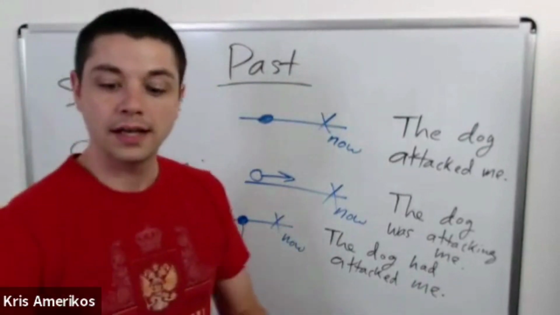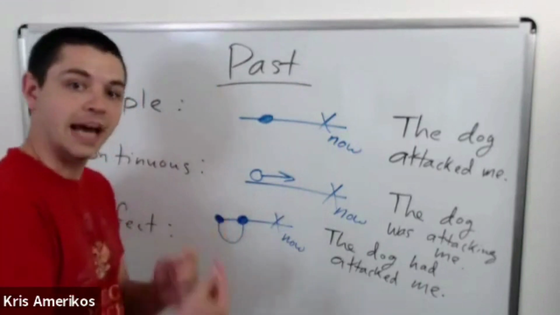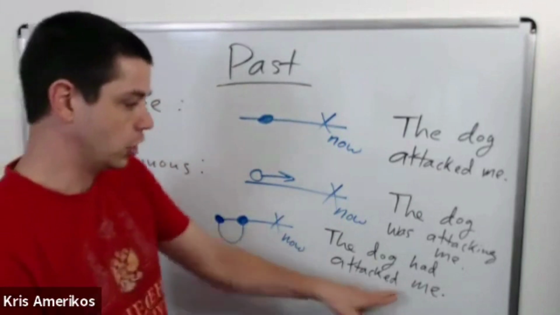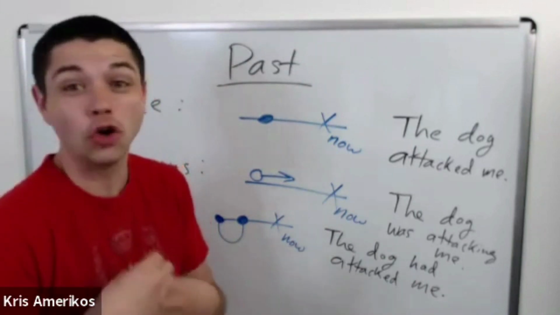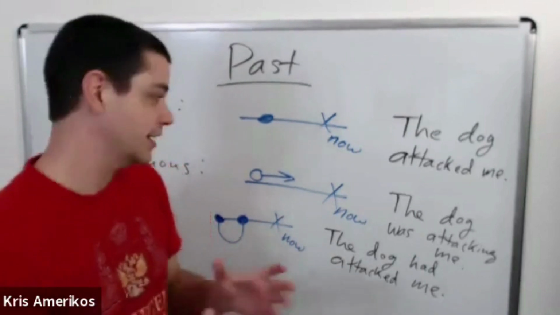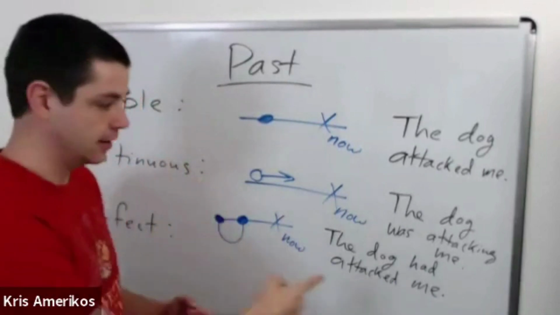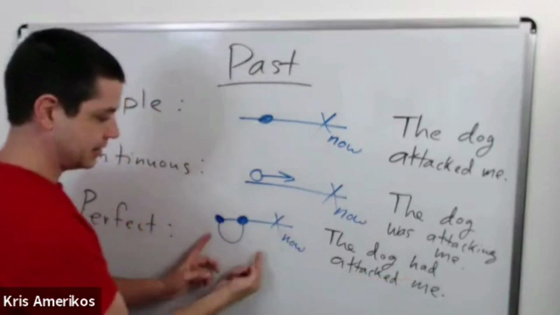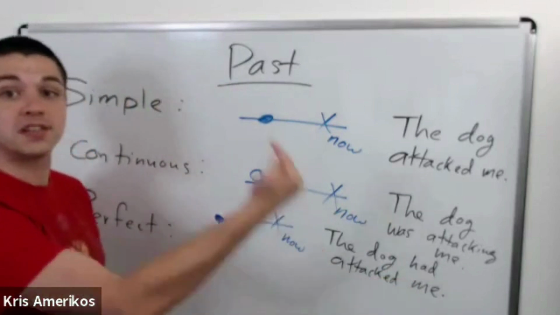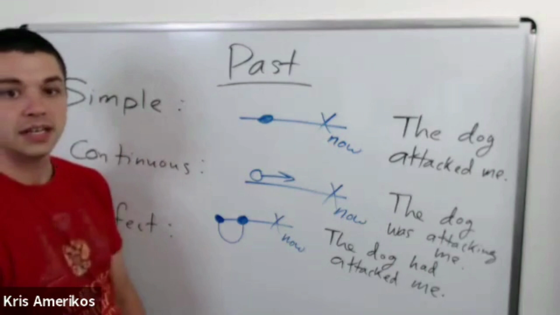So remember, we have two events in the past. One event happened before the other event. So the dog had attacked me. It doesn't give us all the information that we need. It's not a very good example because we don't have two events, right? We just have one. And had attacked, this is the event that is before. When we use past perfect, it shows us that this is before something else.